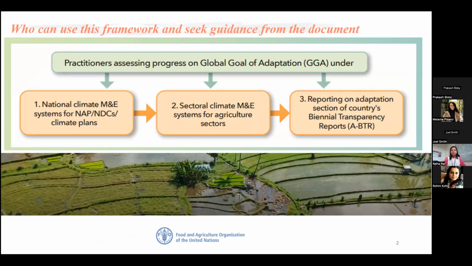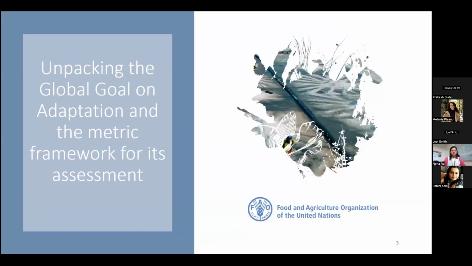And these include progress against NAPs and NDCs. Of course, also sectoral M&Es. In some cases, countries have developed sectoral monitoring evaluation systems, like Cambodia has done one, and reporting on adaptation sections of biannual transparency reports using the agriculture dimensions.